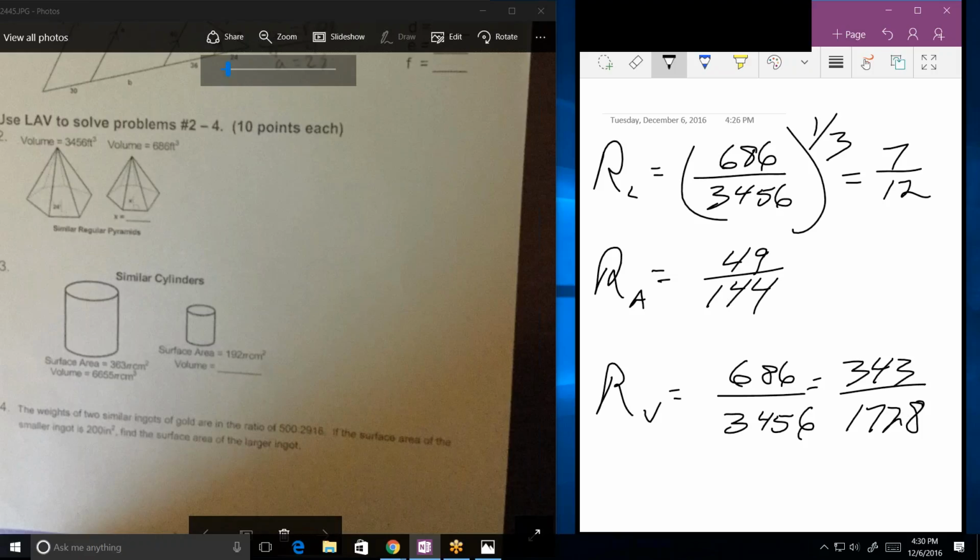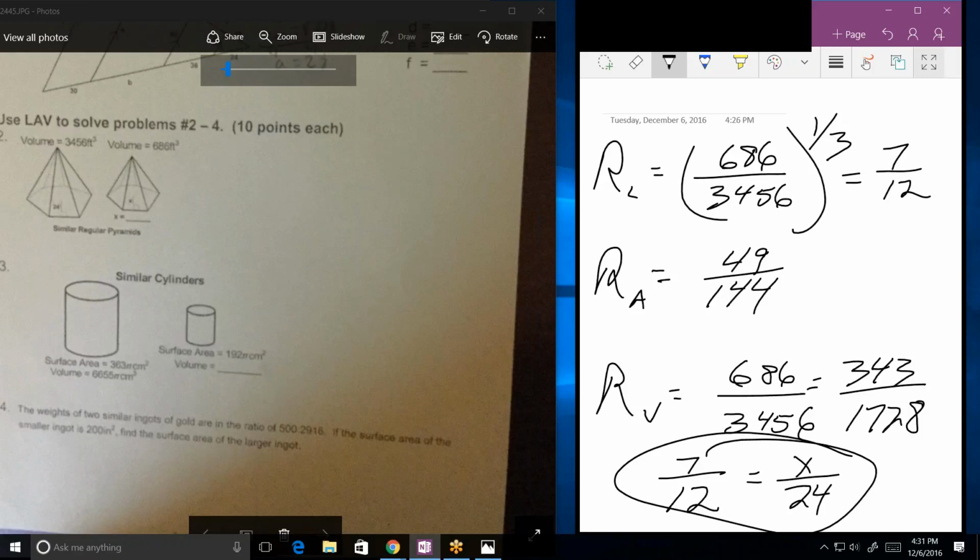Since we know that 24 is the bigger number, we have to make that equivalent. So 7 over 12 equals x over 24. Good. And I already know from mental math that it reduces to 1/2, so x must equal 14. Right. Okay. Let's look at the next problem.